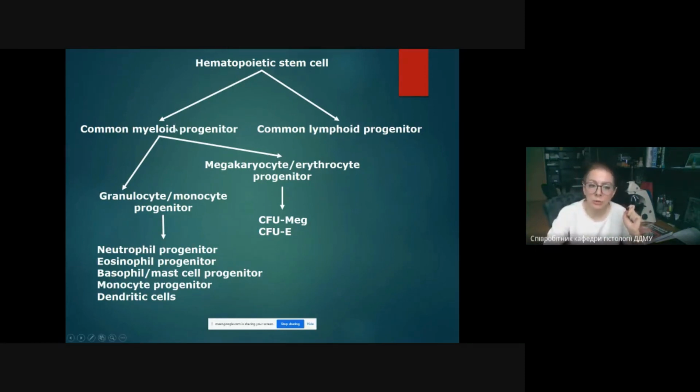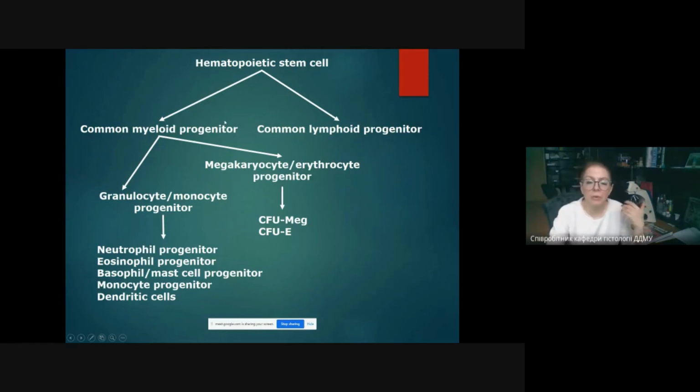Then it gives rise to two cells, the common myeloid progenitor and the common lymphoid progenitor. They are a little bit more restricted than the stem cell because the common lymphoid progenitor gives rise to lymphocytes only, and the myeloid progenitor to all the other cells except lymphocytes. So they have a more narrow potential compared with the stem cell.